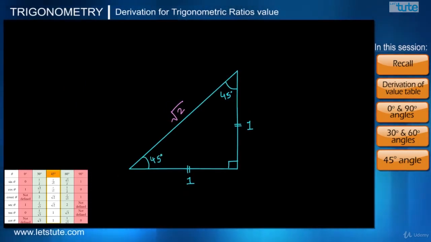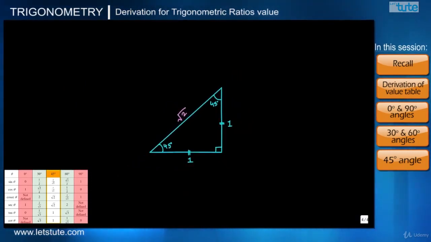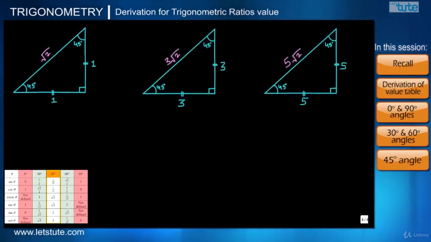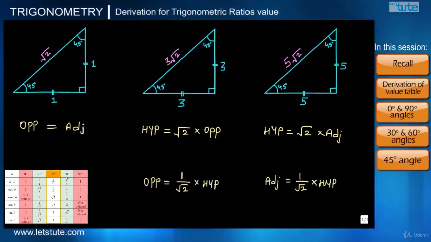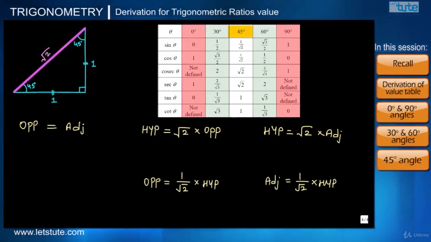Once again, let me remind you all, as the two sides are equal, they will have any value but always equal. So we observe that for 45 degrees angle, adjacent side and opposite side are equal. Hypotenuse is always root 2 times its other two sides, or we could also say that the other two sides are 1 upon root 2 times its hypotenuse.